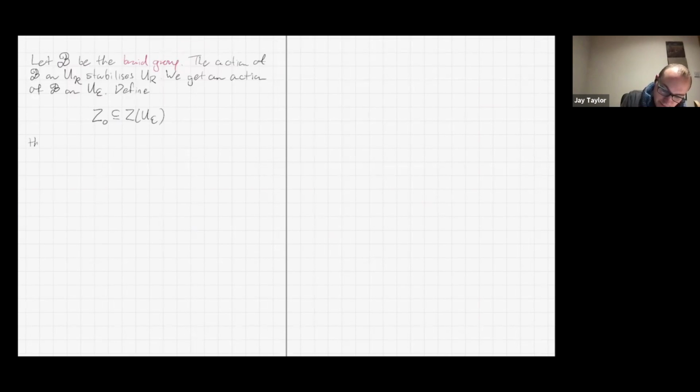so this should be the smallest B invariant subalgebra containing the following elements. I need to make an assumption which I forgot to make, but I'll make it in a minute.